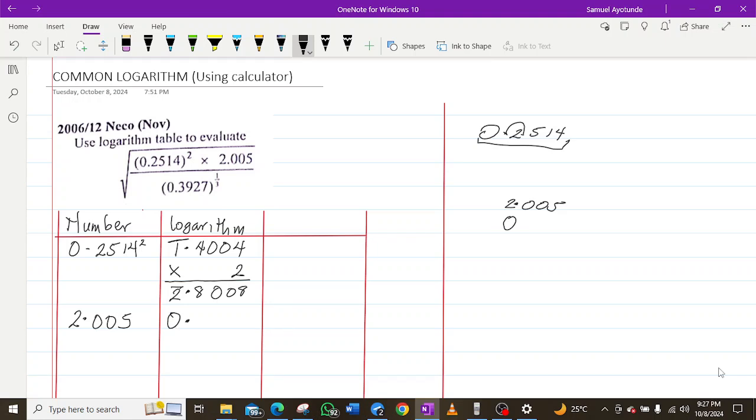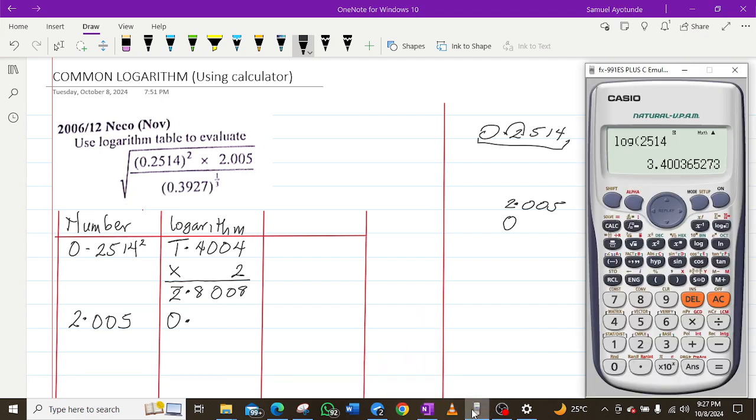So we are checking up using our calculator to find the mantissa. We're finding the logarithm of 2005. So log 2005.